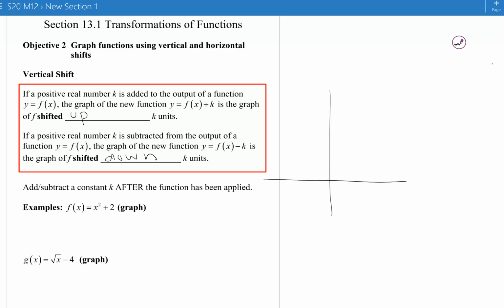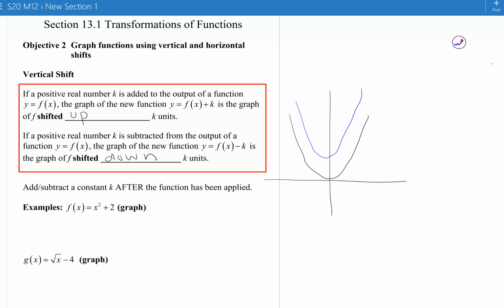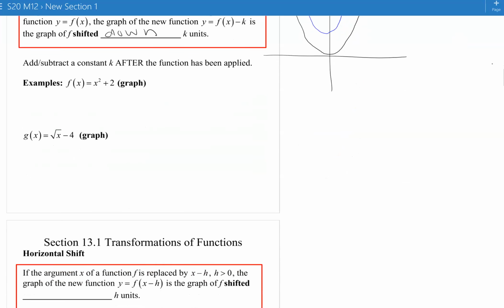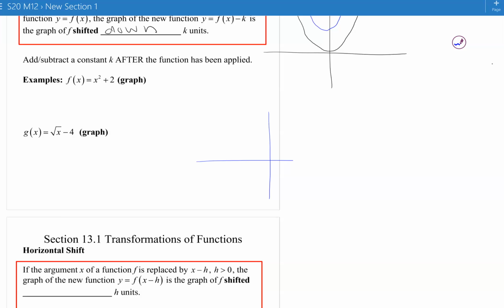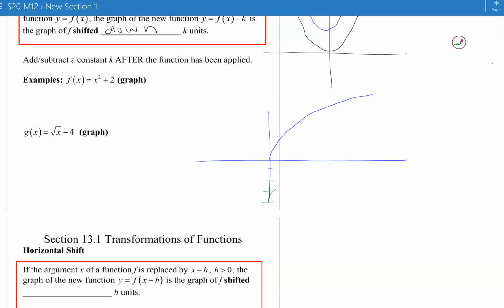So the example of x squared, here's the basic x squared graph, and then if after the squaring of the x you add 2, that doesn't change the shape of the graph, it just moves every y value up 2 from where it was. And then if we have the square root of x, and then we do minus 4, that's going to have the effect of subtracting 1, 2, 3, 4 from each y value and not changing the shape of the graph. So this is the transformed graph.